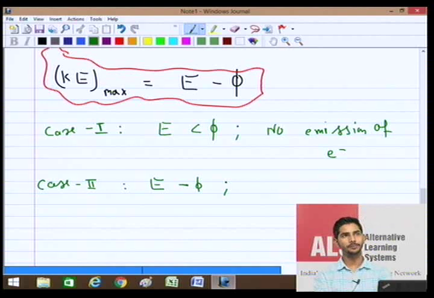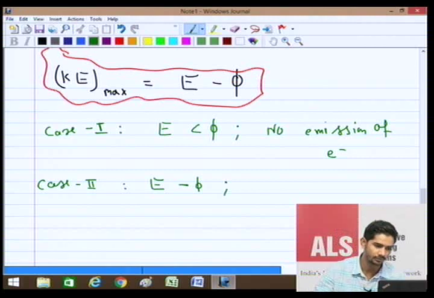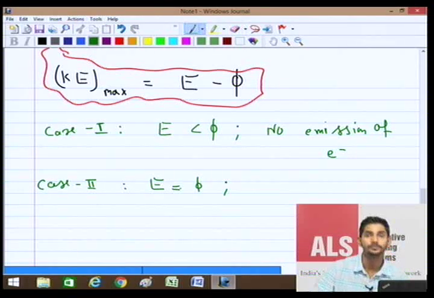Those who say that emission will take place can raise their hand. Okay, 1, 2. And those who say that emission will not take place. This is E equals to phi, sorry, this is E, not E minus phi. I am repeating the question.